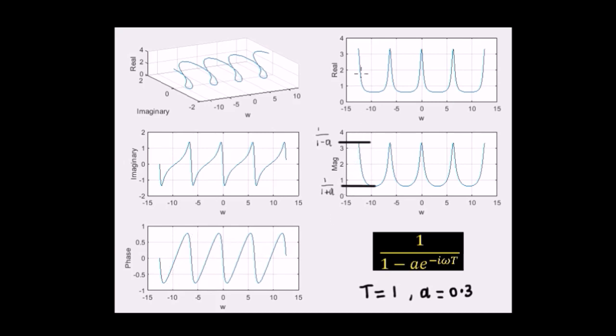Now the magnitude looks similar to the real part, but it's slightly different if you have a closer look. The height here is given by 1 upon 1 minus a, and the height here above the line is given by 1 upon 1 plus a. Now this is our function here. Our value for t in this case is normalised to 1, and the value for a I've picked is 0.3. So you've got access to this and you can have a look at it in MATLAB.